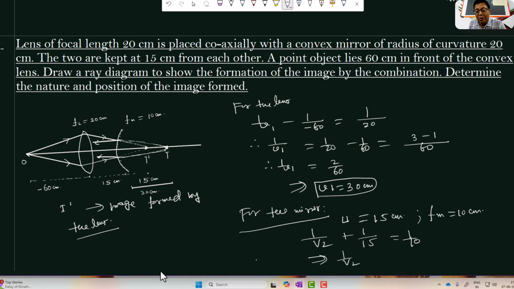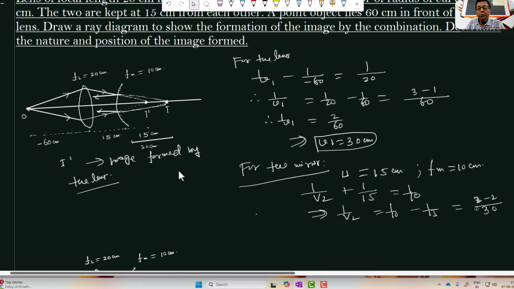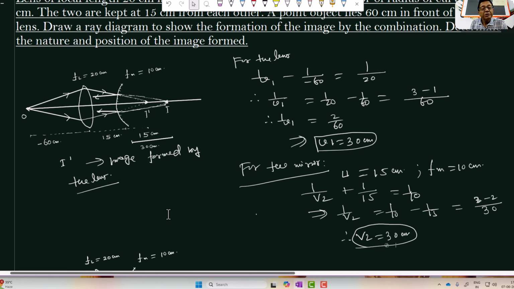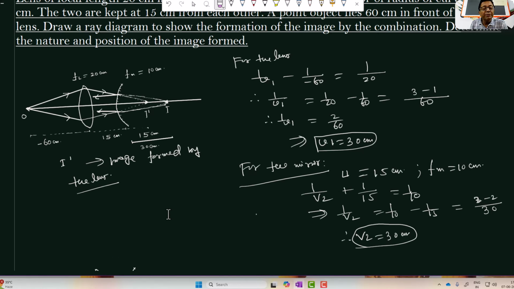This implies 1 by V2, 1 by 10. So take the LCM. This will be 30 and this is 2, this will be 3 minus 2. So V2 is going to be 30. So in this case, the image is formed 30 centimeter away from the mirror.